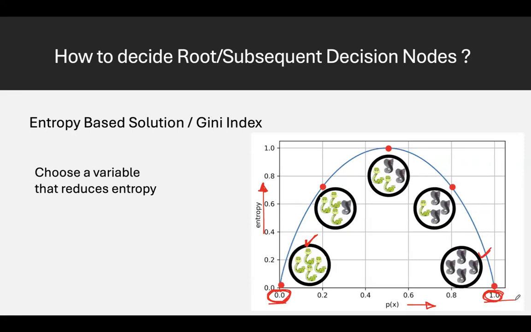Is there any noise in this circle and in this circle? No. Therefore, the entropy for this circle and for this circle will be 0. In both cases, the entropy will be 0, and you can see that on the y-axis.